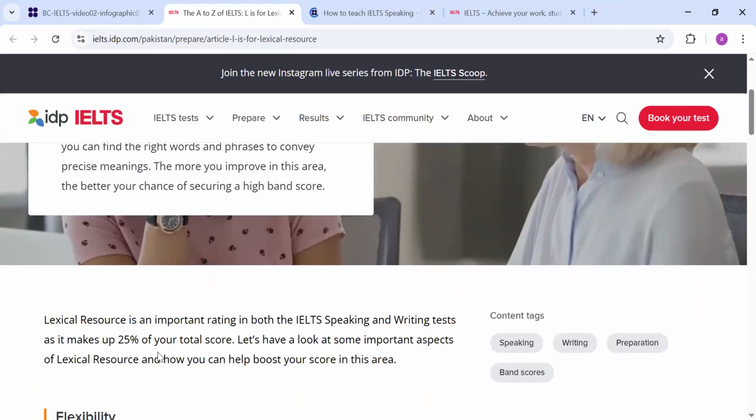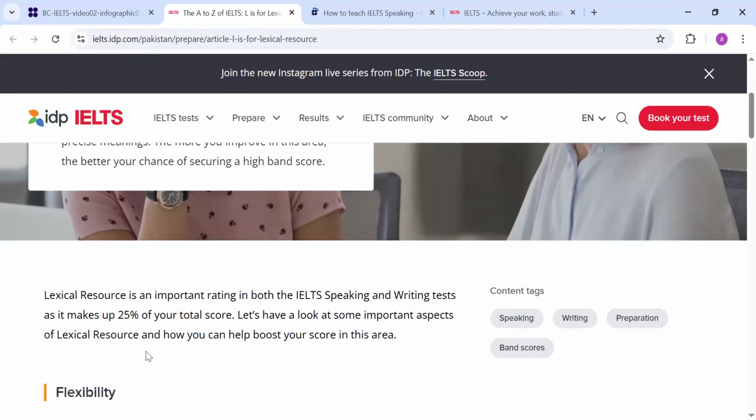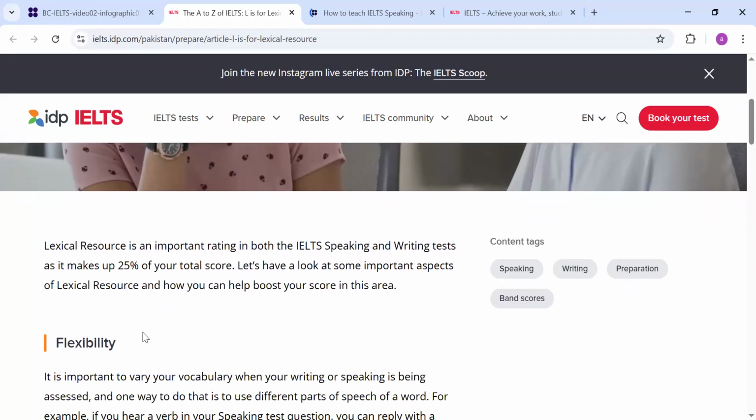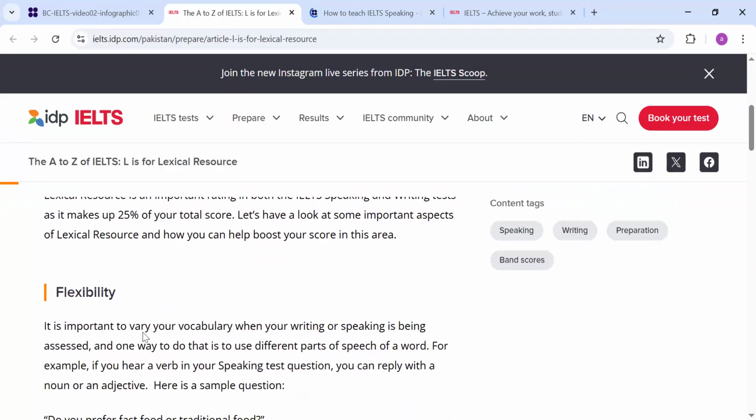As I mentioned, in both speaking and writing tests, it holds 25% of your total score. There are four different sub-marking criteria, and one of them is lexical resource, which covers paraphrasing as well as vocabulary and how we use these things accurately.